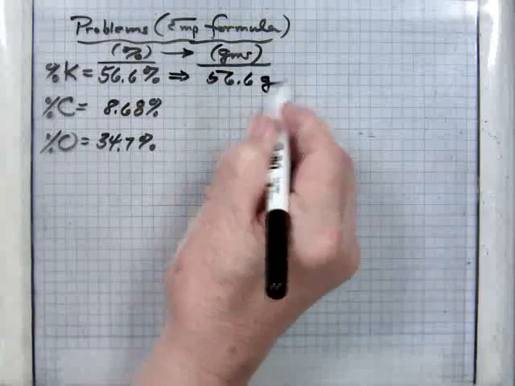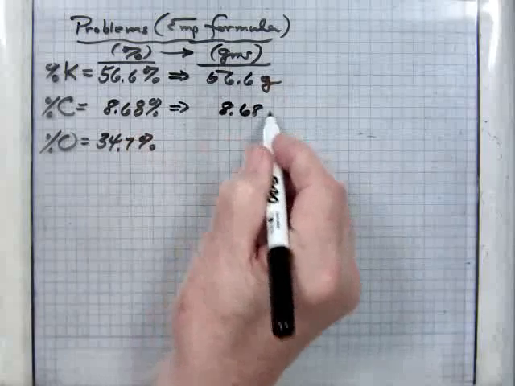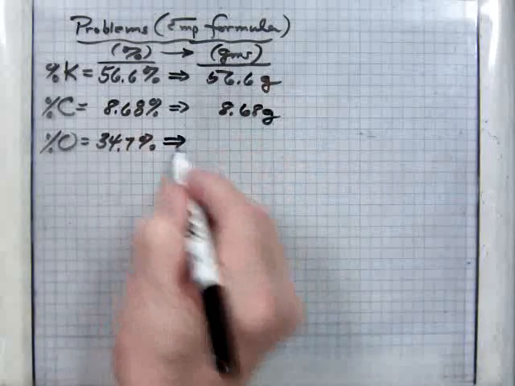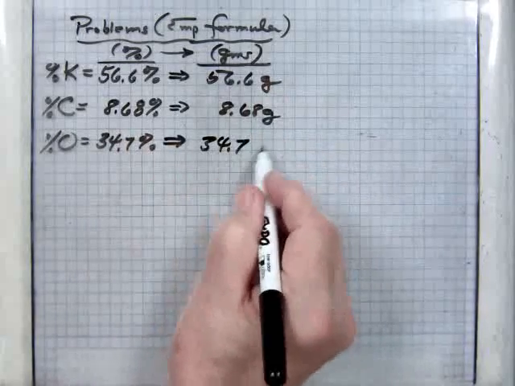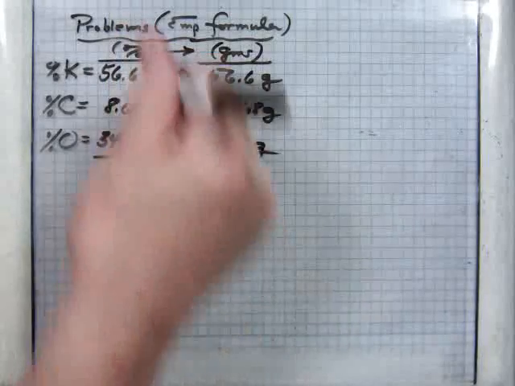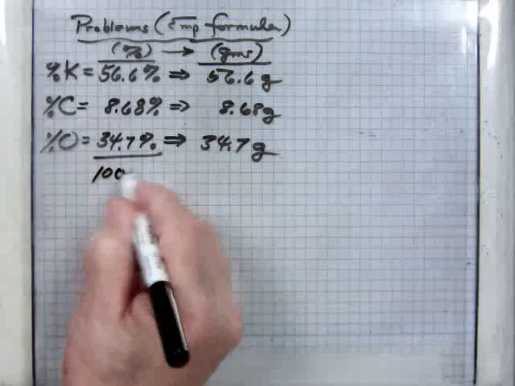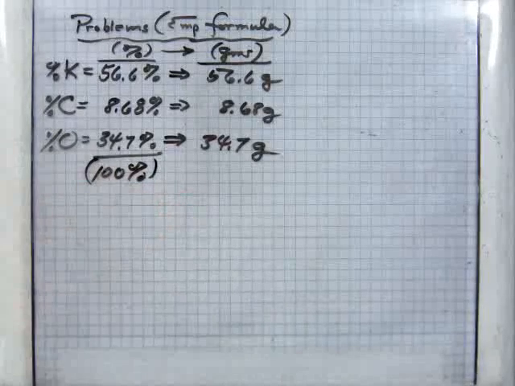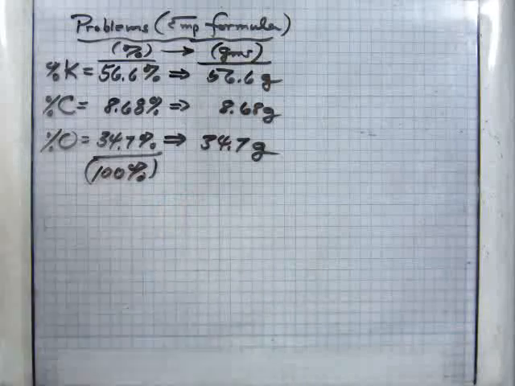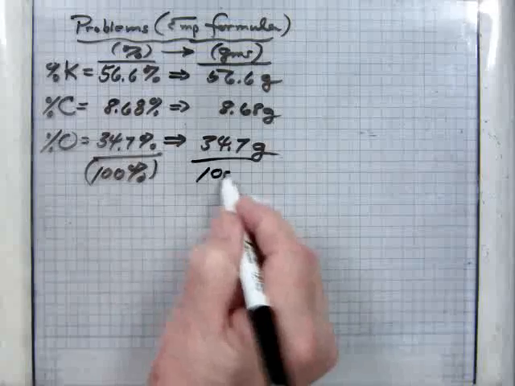56.6 grams, 8.68 grams, and 34.7 grams. How easy was that? Now, what's the rationale here? If you add these percentages that are given in the problem, you will get 100%, right? So if you have 100% of a compound, how many grams of potassium would you have in 100 grams?